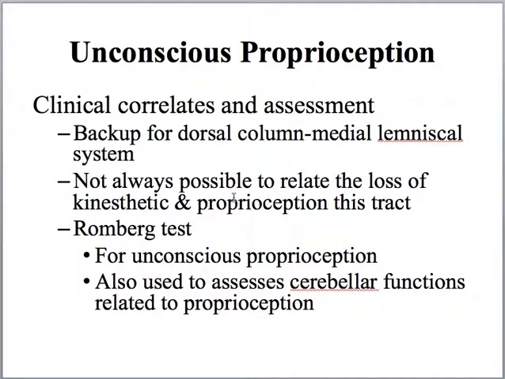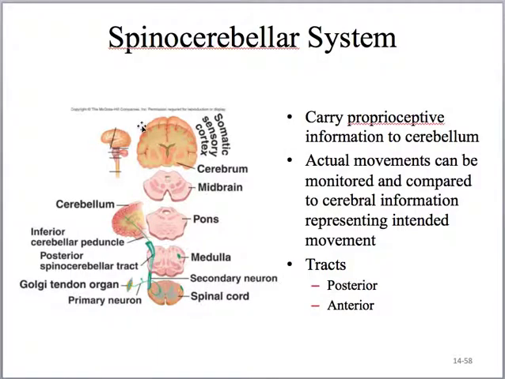And so here, this slide just talks about the different types of clinical correlates and assessments. And so, again, just looking at spinal cerebellar tract, which is unconscious proprioceptive information. Here, coming from the Golgi tendon organ, for example, the one that's going ipsi, that would be your posterior spinal cerebellar tract.